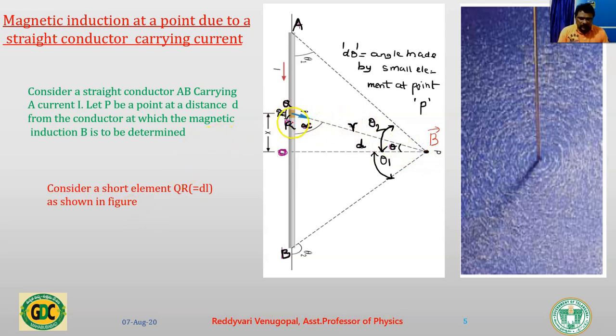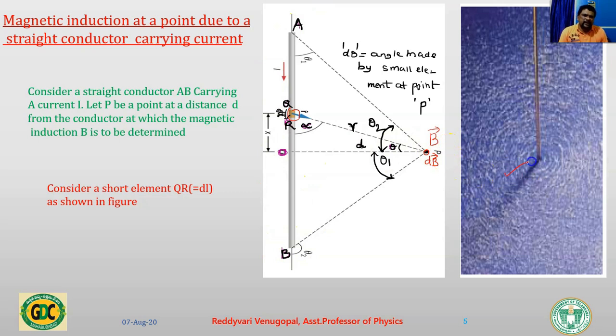Now we want to find out the magnetic field induction dB bar at P due to this small current carrying element by using Biot Savart's law, and then we integrate between some limits. I will explain later. And by integrating, we will get the magnetic field induction B bar due to this total current carrying wire at point P.